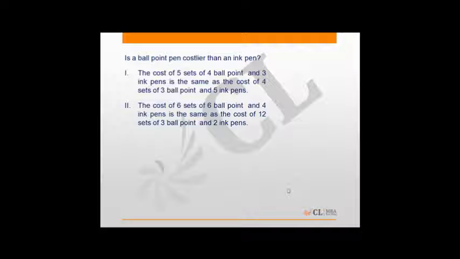Is a ballpoint pen costlier than an ink pen? Statement 1 says 5 sets of 4 ball pens plus 3 ink pens is the same as 4 sets of 3 ballpoints and 5 ink pens.